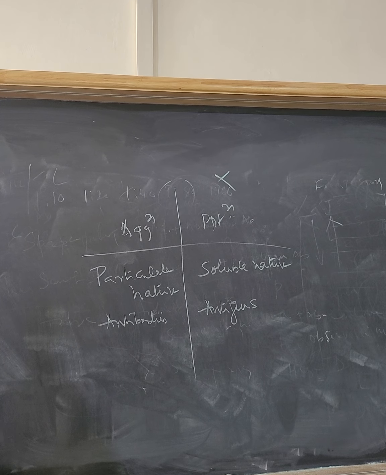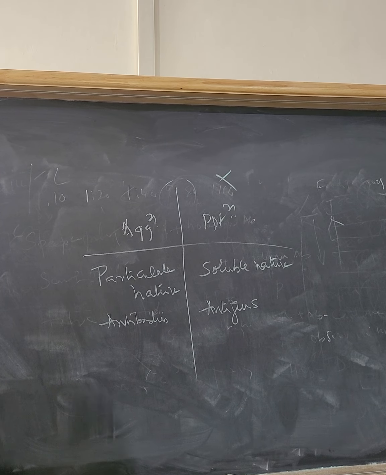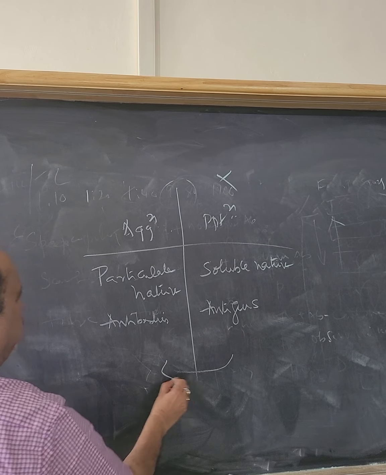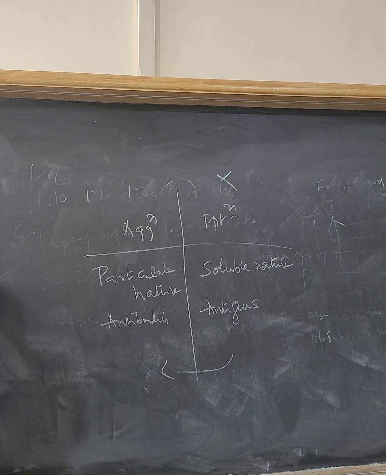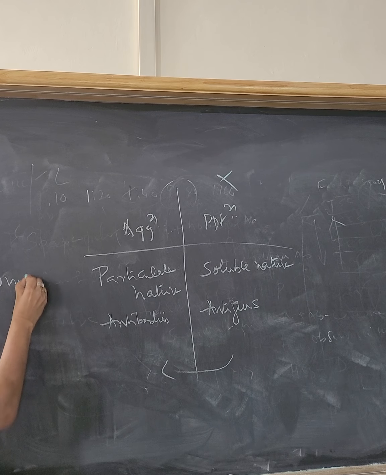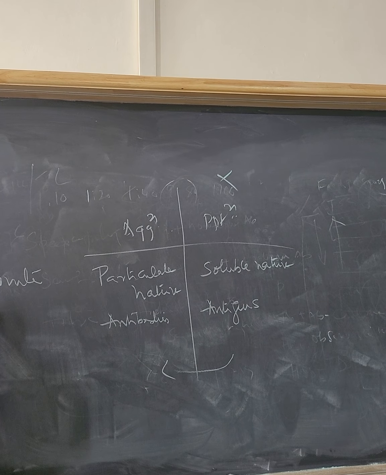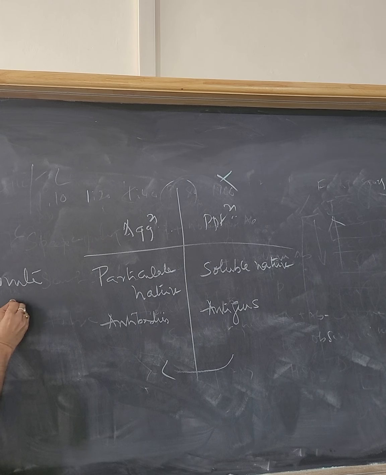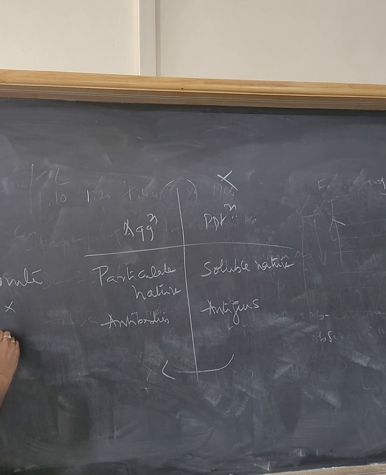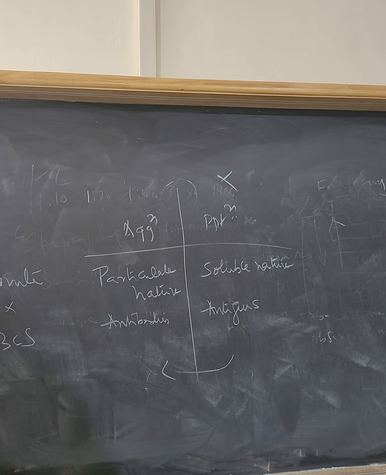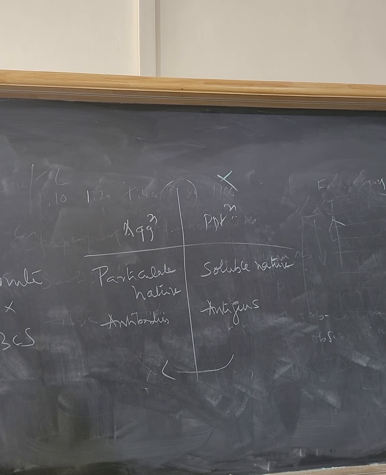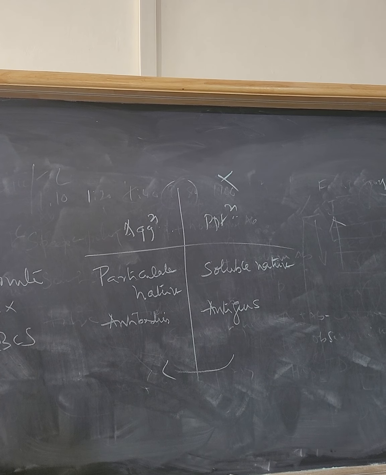This precipitation test can be converted into an agglutination test by tagging the antigen onto inert particles like bentonite, latex, or RBCs.